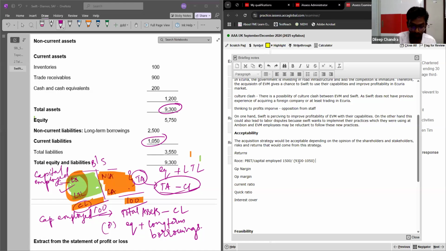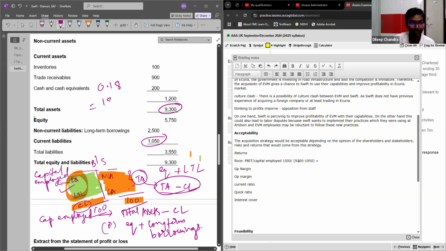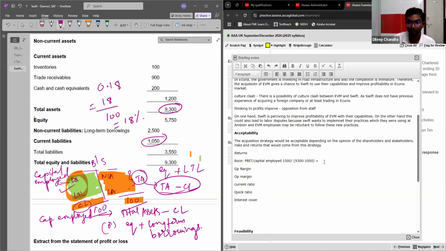Calculate that and let me know how much is the percentage of return on capital employed: 1500 divided by 9300 minus 1050. You got 0.18, which means 18%.